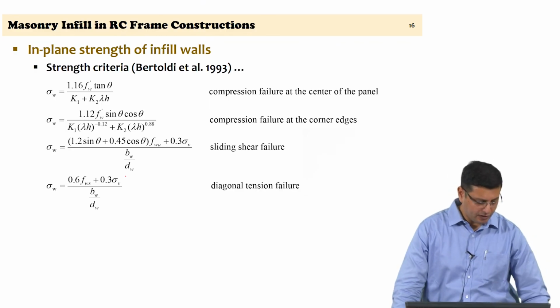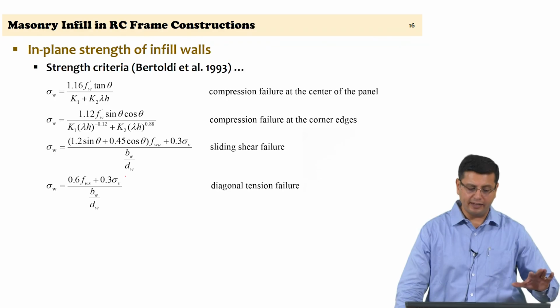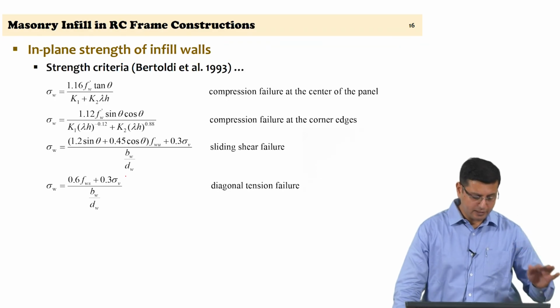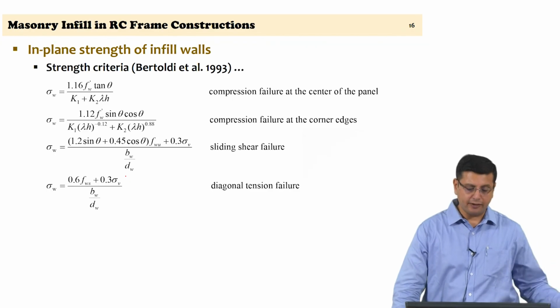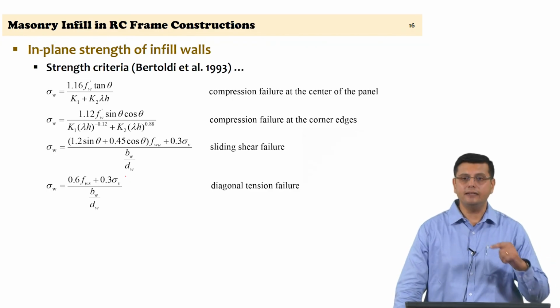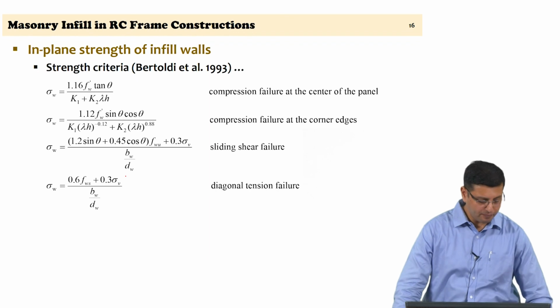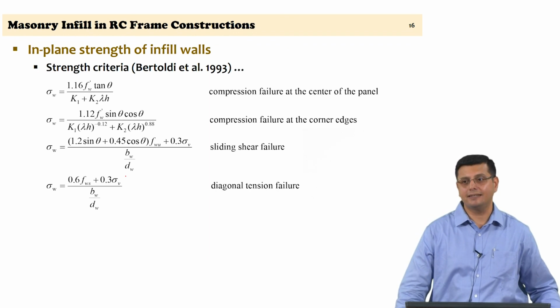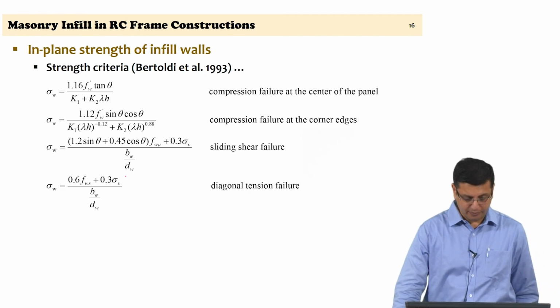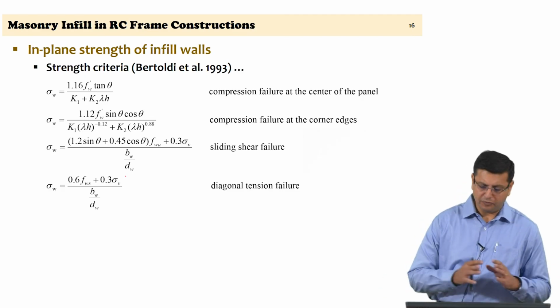So, there are works which can help you arrive at semi empirically estimating in plane strengths and in plane stiffnesses, which then contribute to modeling the interaction of the panel with the frame in your seismic analysis and design of reinforced concrete frames. This is a special topic.